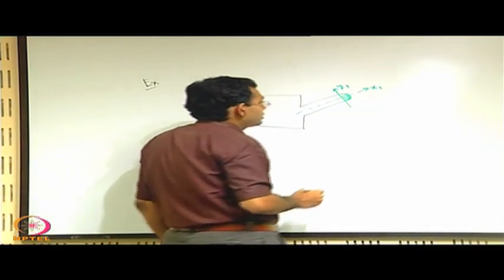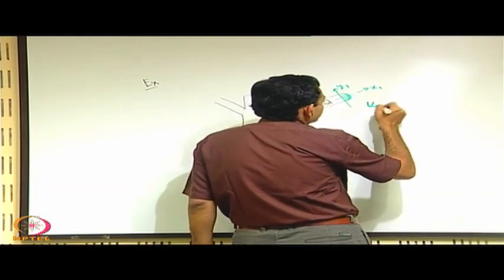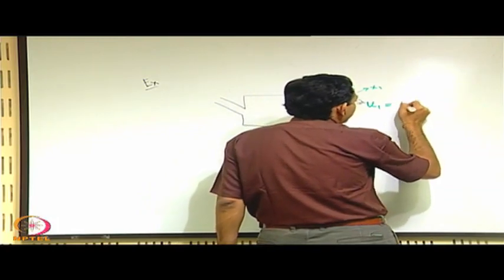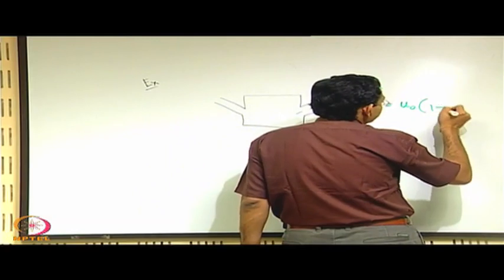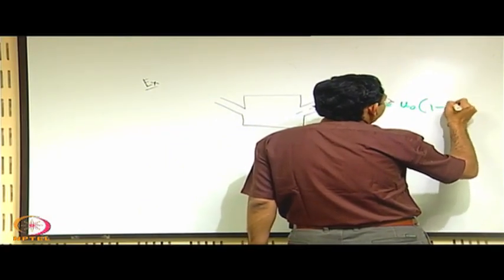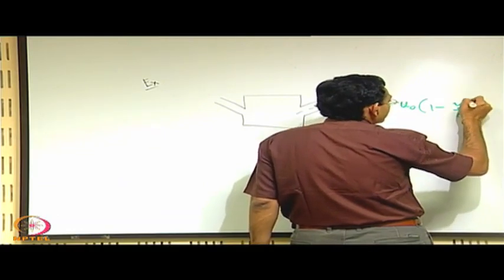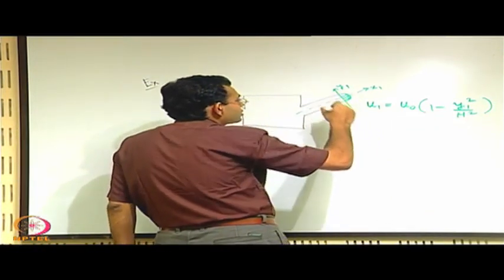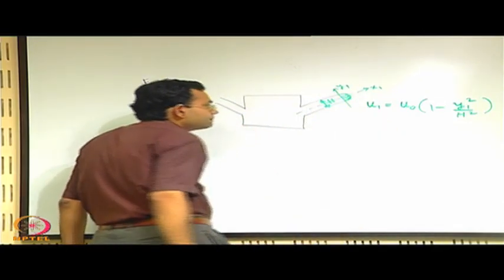It is given as u1 is equal to some u0 into 1 minus y1 square by h square, where y1 is the transverse coordinate and h is this height.